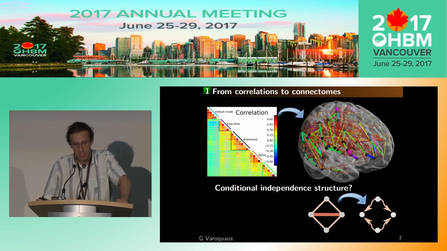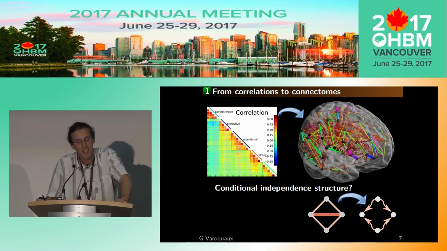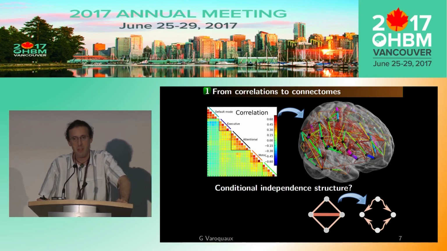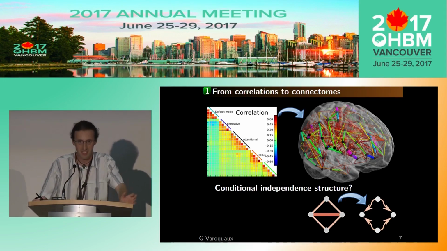So that's the conceptual picture. In practice, we have correlation matrices, and we'd like to go from these correlation matrices to conditional independence structures. And I'd like to stress that thresholding correlation matrices is not going to work, for many reasons.